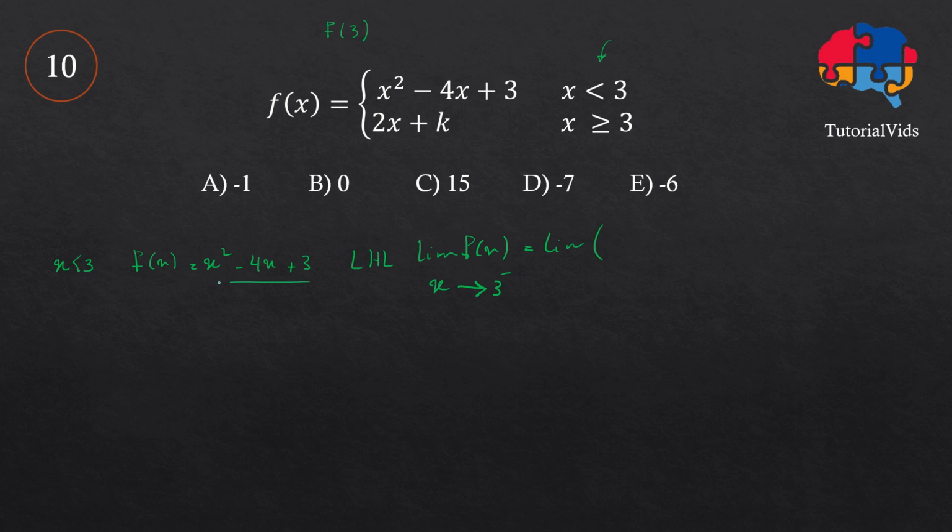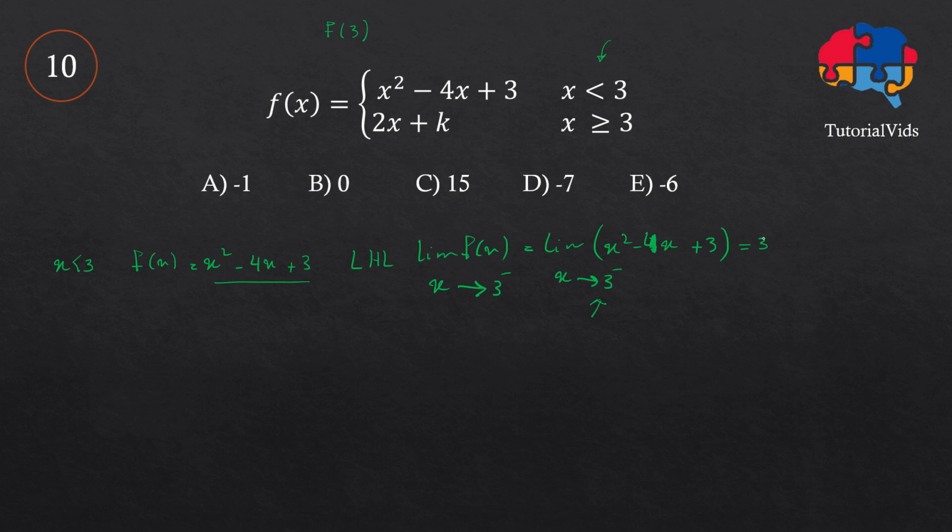And this equals the limit of f of x, and f of x is this: x to the power of 2 minus 4 times x plus 3, where x goes to 3 from the left. To find this limit, we can replace x by 3 because x is very, very close to 3, so we can approximate the value of the function at this point by simply replacing x by 3.